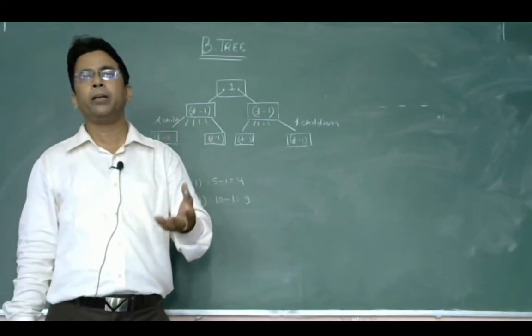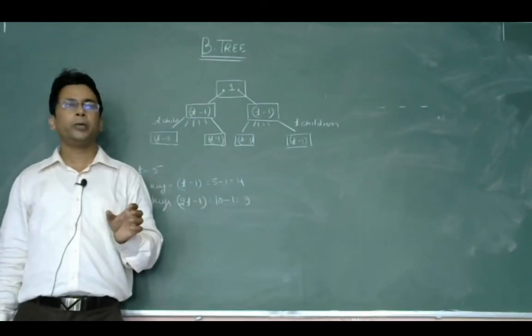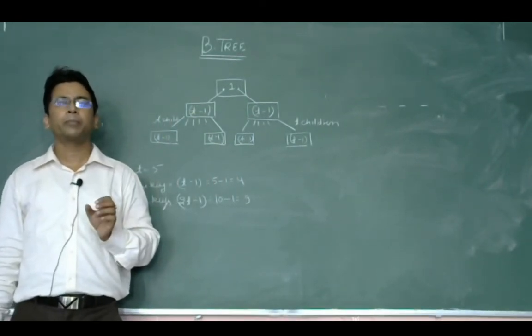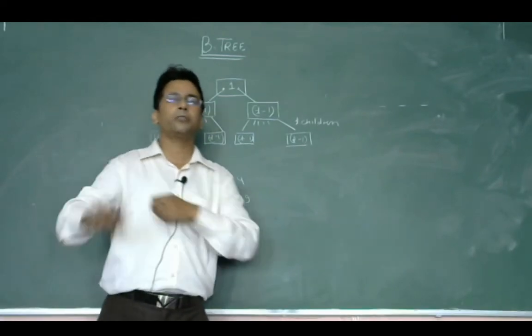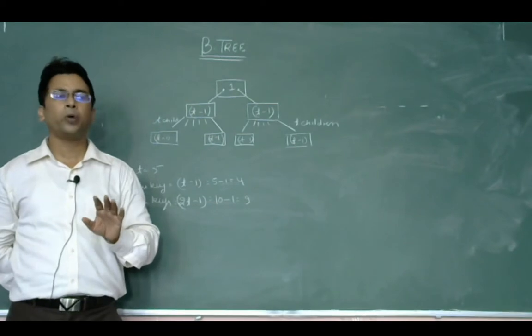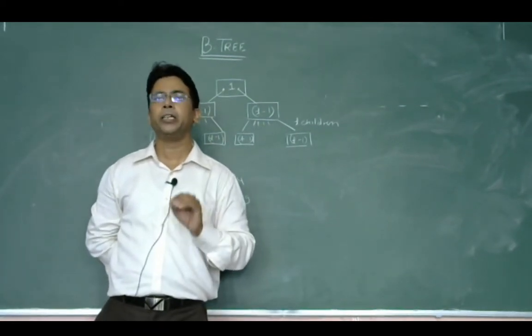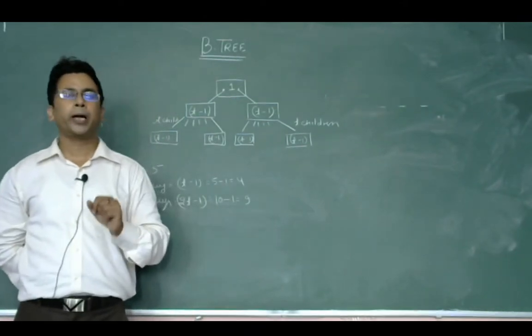Suppose there are n elements and the degree is t, then what will be the maximum height of the B tree? I am repeating the question once again: suppose there are n elements that you have to store and you have to construct a B tree with degree t, then what would be the maximum height of that B tree?